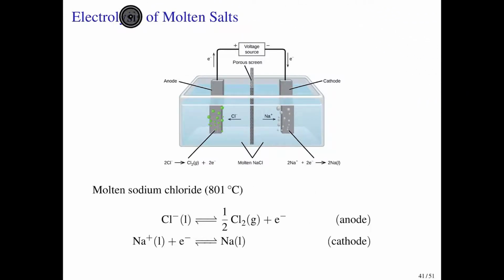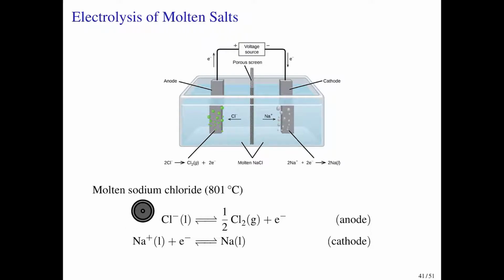So the first type of electrolytic cell we're going to talk about involves the electrolysis of molten salts. You can melt down ionic compounds at very high temperatures. For example, sodium chloride can be melted at around 800 degrees Celsius. If you then dip two electrodes into the molten salt and apply an external power source, you can drive the following reactions to occur.